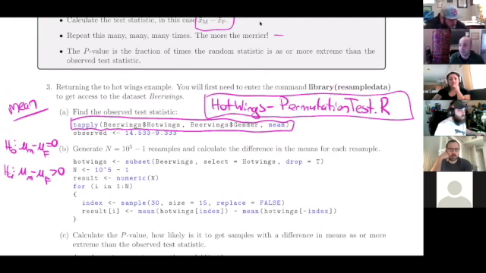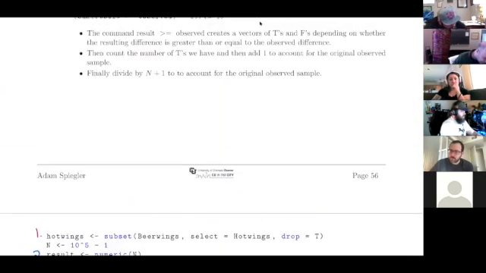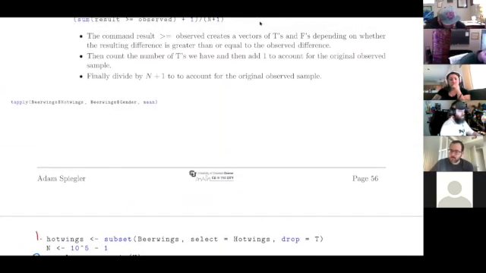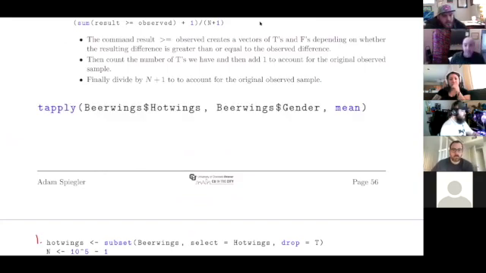So this is tapply. Let me just copy this someplace cleaner. It takes in two inputs and it needs a function. So what this is telling us is, we have this data set in resample data called BeerWings.